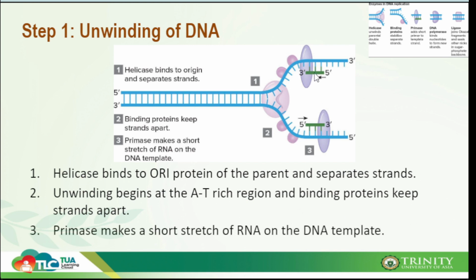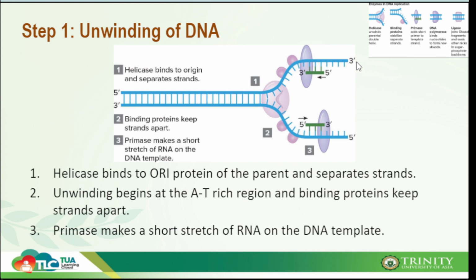Afterwards, you see this purple structure here. This is a primase. So the primase will start to create a short stretch of RNA on the DNA template. So as you can see, di ba? Sabi natin kanina, DNA synthesis occurs in a 5' to 3' direction. So first, the original strand on top is 5' to 3'.